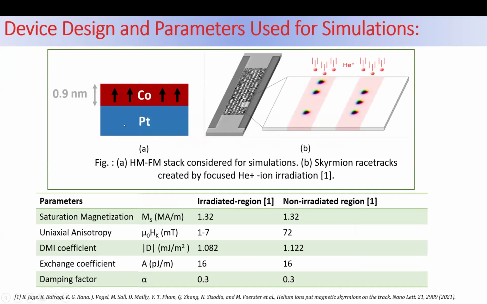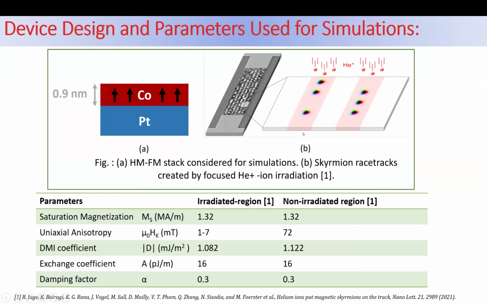And there was another report recently, another group who reported that the ferromagnet can be patterned in any desired track. Like we can design any track on a ferromagnet by using helium plus radiation.